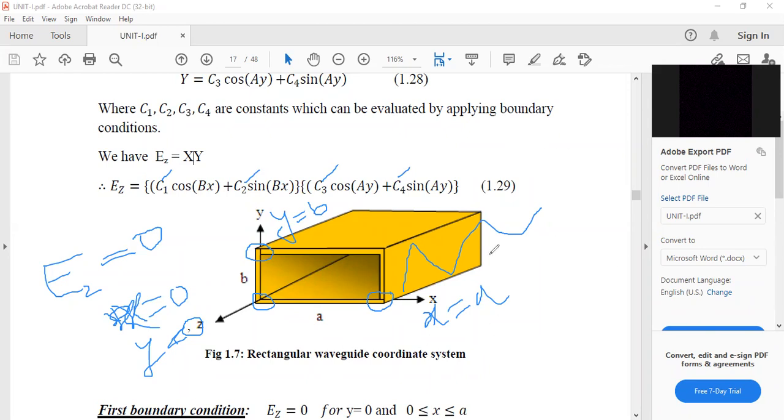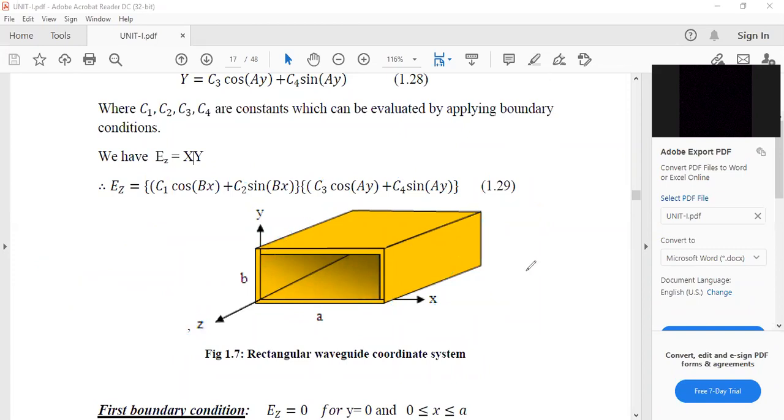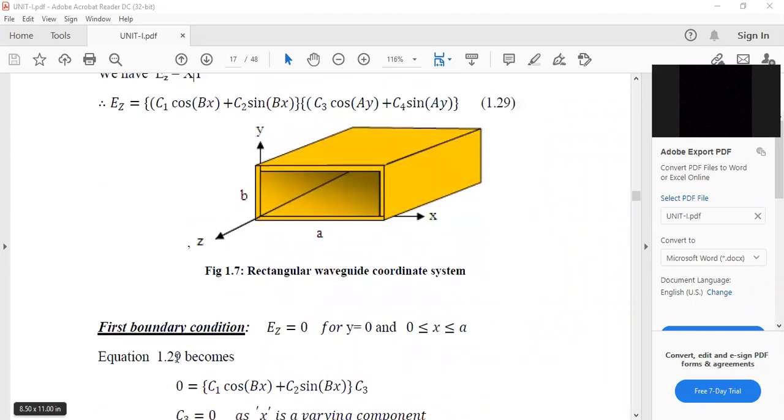Now you can see the first boundary condition: at y equal to 0, Ez is equal to 0.